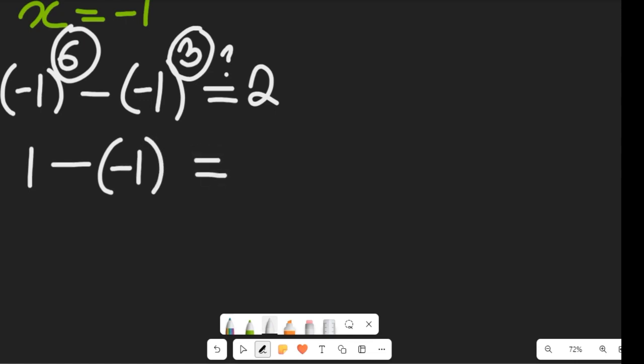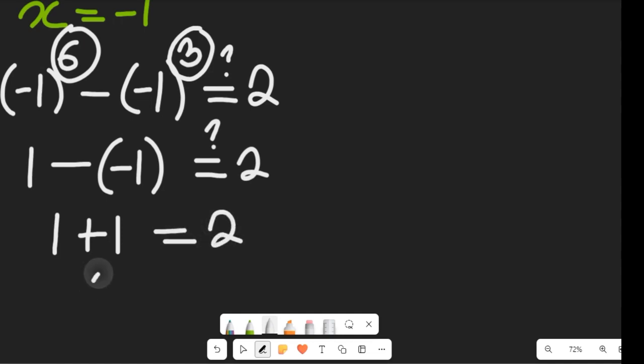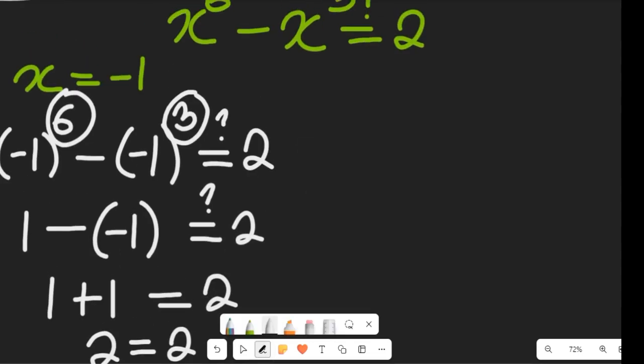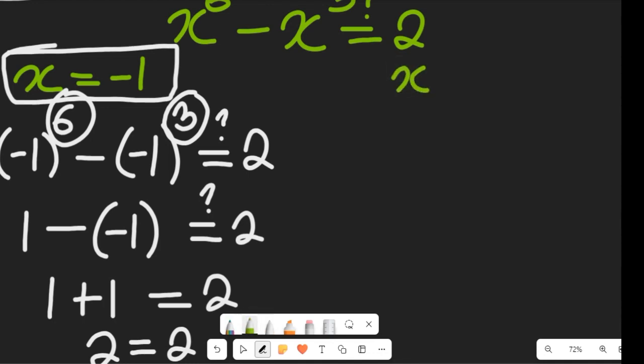Negative times negative is going to give us positive, so we'll have 1 plus 1. Is it equal to 2? Of course, 2 will be equal to 2, and that tells us that the value of x equal to -1 is a solution.